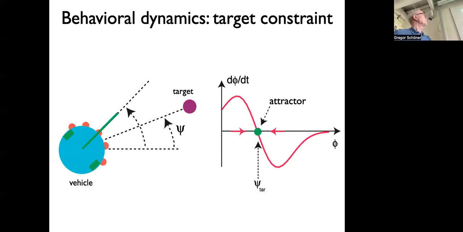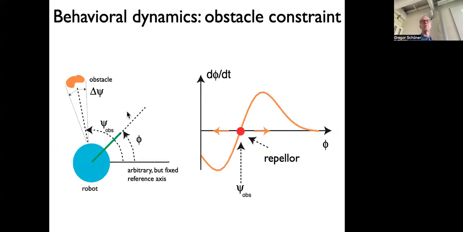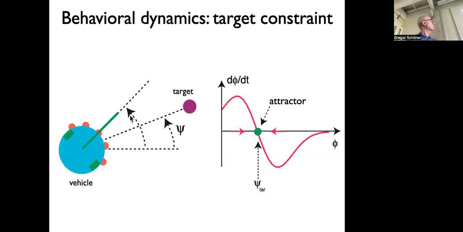So here's the way we express the target constraint, that we want to go to the target. To go to the target, what we want is that our heading direction equals the heading of the target. You know, the angle that the target forms with north, and this is the angle my driving direction, my forward direction, forms with north.